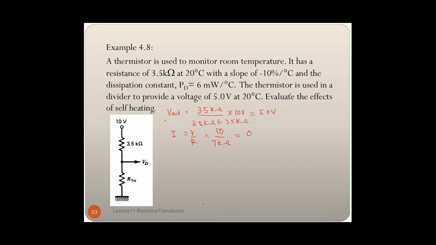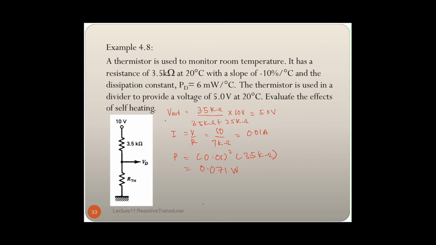This will give you 0.01 ampere. From there, power is equal to 0.01 squared multiplied with 3.5 kilo ohm, which gives you 0.071 watt, meaning there is power loss of about 0.07 watt due to the current and resistance in the RTD.